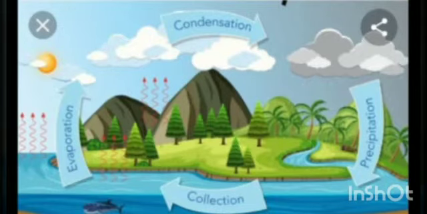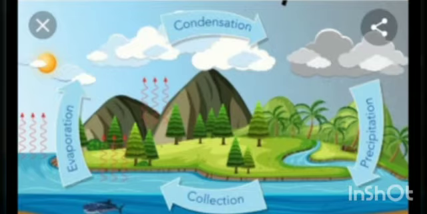Percolation. Learning outcome. Students, after learning the stages of the water cycle, are able to understand there are 4 steps of the water cycle. First, evaporation; second, condensation; third, precipitation; and fourth, runoff.